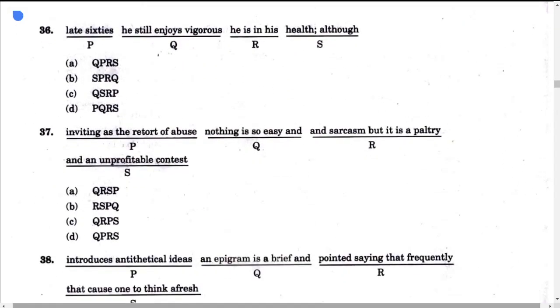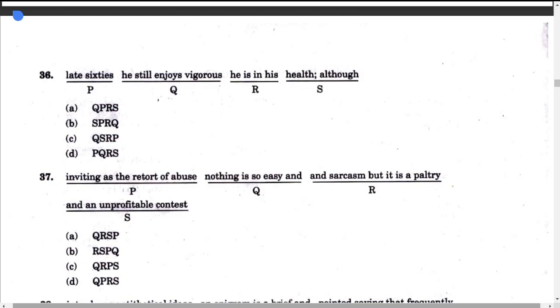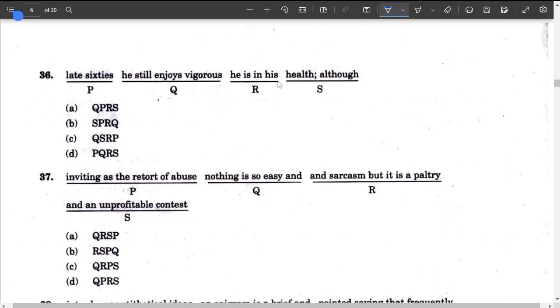Next, late 60s. He is in his late 60s. Can we go with that? He still enjoys vigorous health, although he is in his late 60s. Okay, look at this.